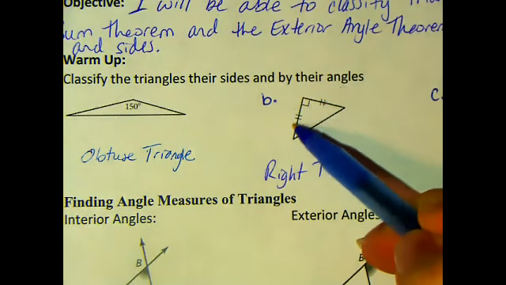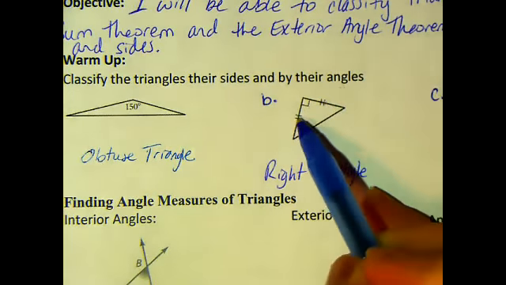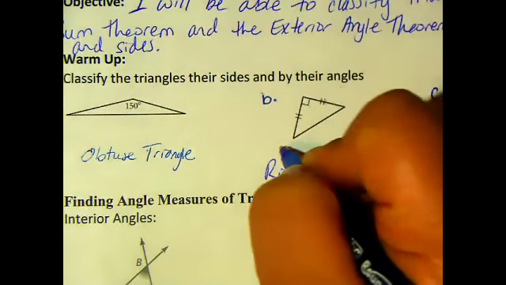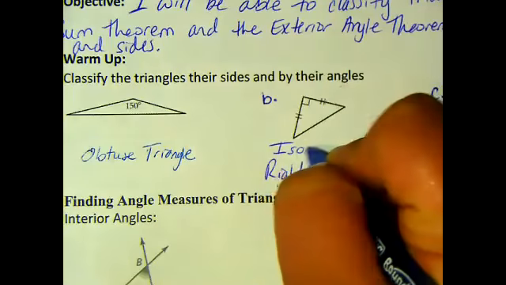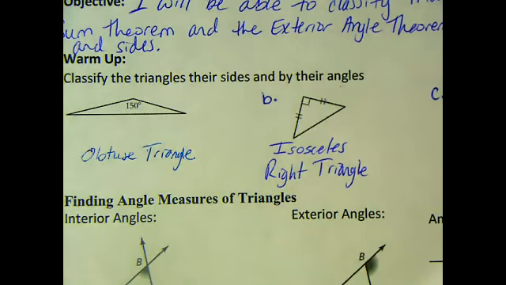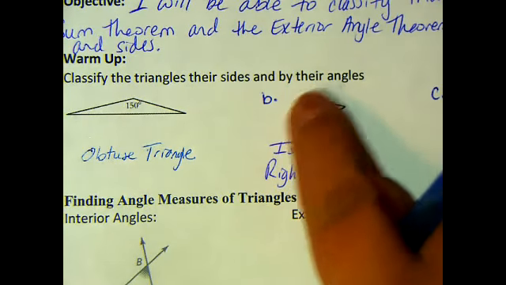They both have two little tick marks there, which means that these two sides are congruent to each other. Which tells us this is actually more than just a right triangle. It is an isosceles right triangle because of these two congruent sides.